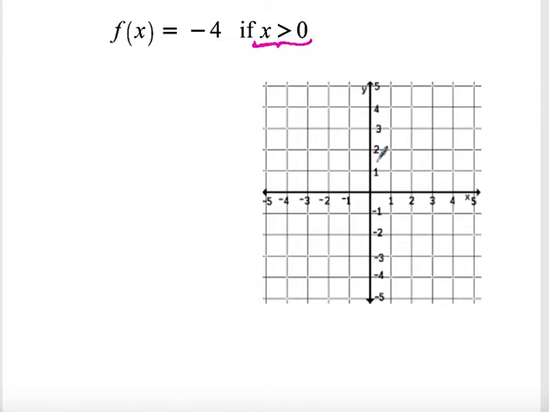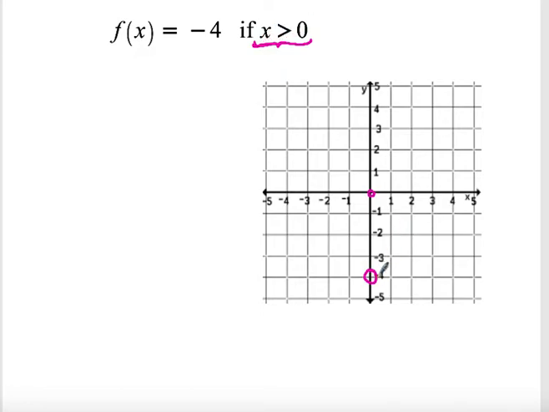So if I go to my graph here when x is 0, we're not going to have anything to the left of this value because I only want values when x is greater than 0. So it's saying when x is greater than 0, our function is always -4. Now, at 0, it's not going to be anything because this stipulates x has to be greater than 0.